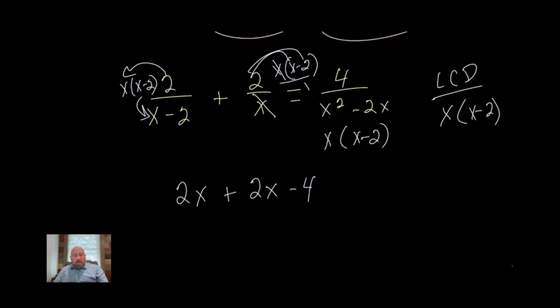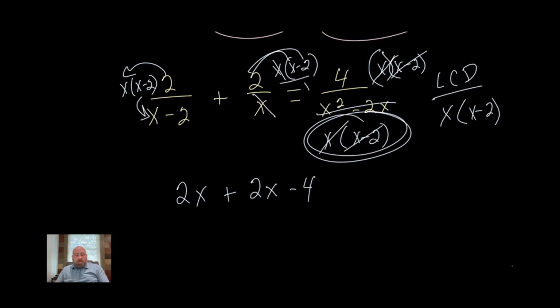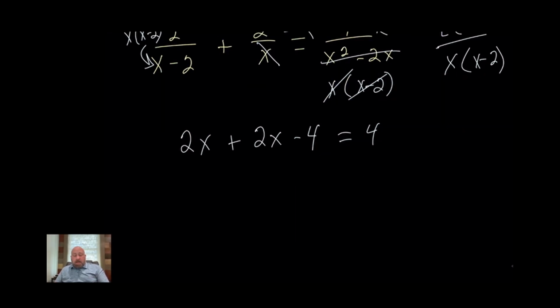And the same thing here, only when we do this, the x minus 2, all that we're left with is, so this whole denominator cancels because this was the factor denominator. This whole thing cancels, and so we're just left with 4 times 1, so equals 4. Now we just combine like terms.